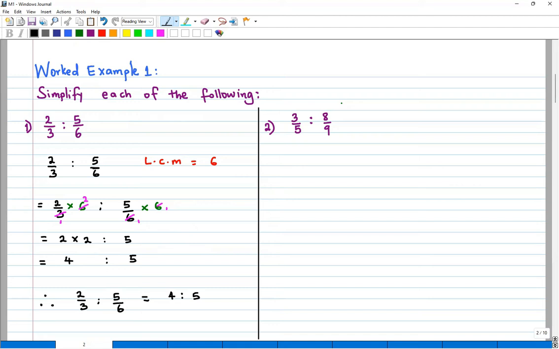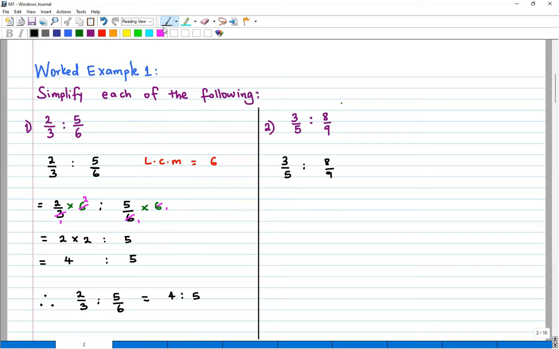All right. Now, let's do example number 2. You see, it is exactly the same as example number 1, so that we understand it very, very well. Okay, let us rewrite this ratio 3 out of 5 to 8 out of 9.